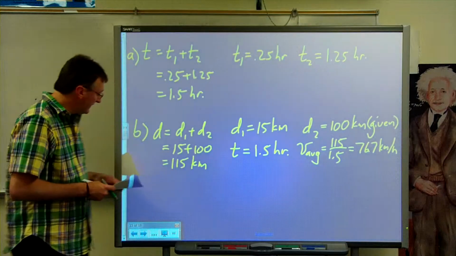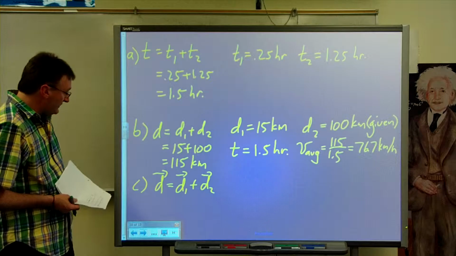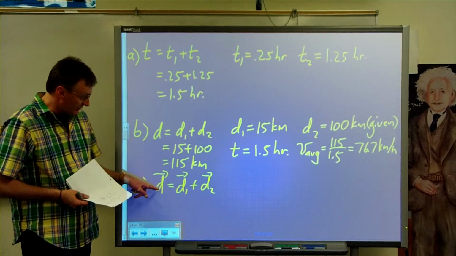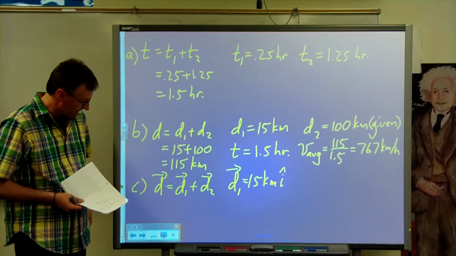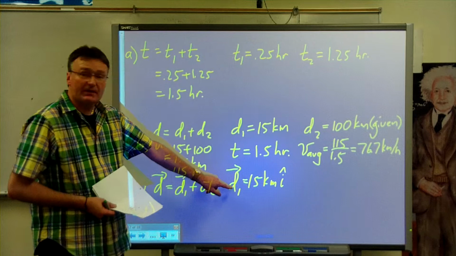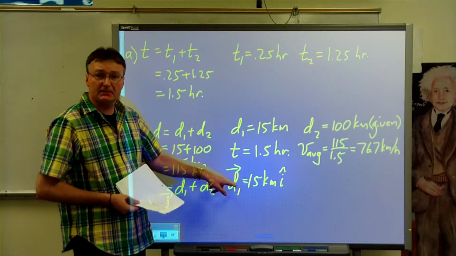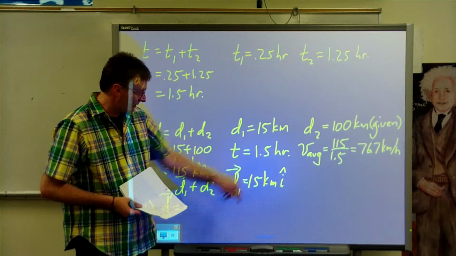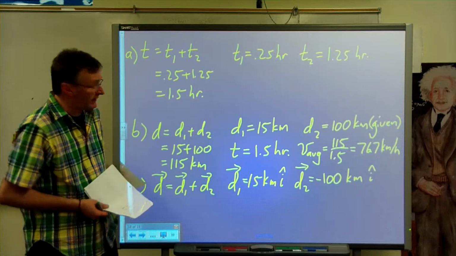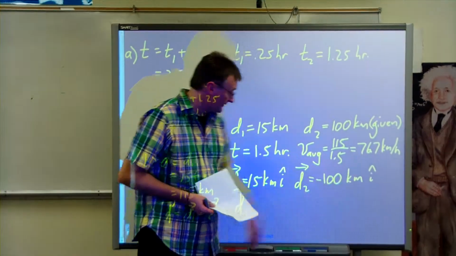Okay, now let's look at average velocity. So here again we have the final displacement or total displacement, and we determined that the displacement for the first phase was 15 kilometers. And we were given that the displacement for the second phase was minus 100 kilometers.